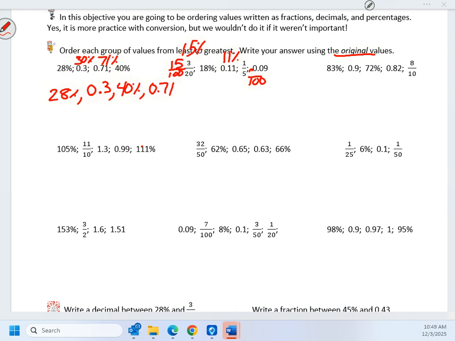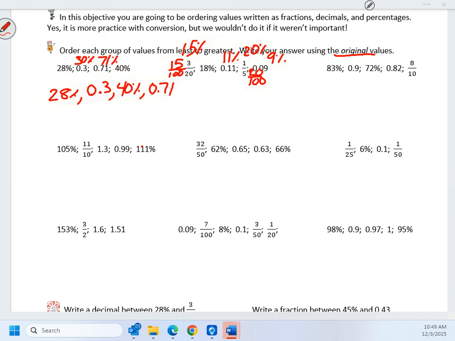Whatever I do to the bottom, I do to the top. 1 times 20 is 20. So what percent is that? Audrey? 20%. 20%. And then I have 0.09. What percent is that, Michael? 9%. 9%. So now I have my percentages.